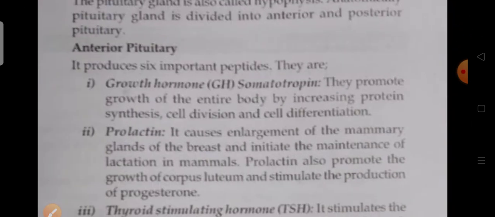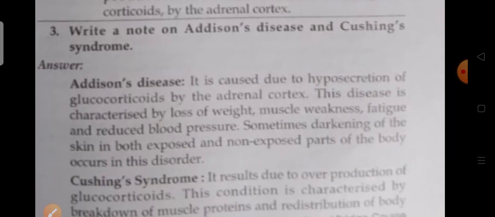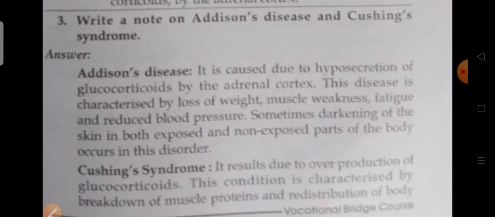Next, coming to the third question, write short notes on Addison's disease and Cushing's syndrome. Addison's disease is mainly caused by hyposecretion of the glucocorticoids by the adrenal cortex.